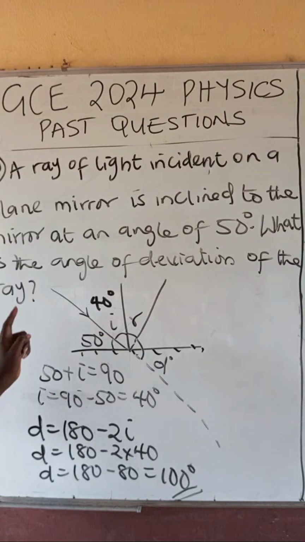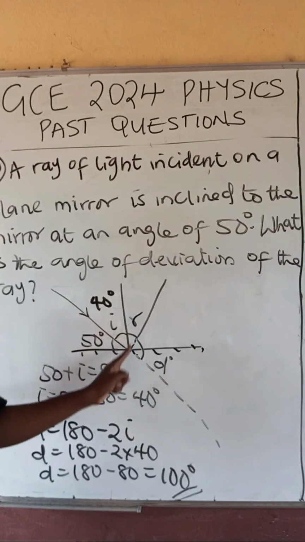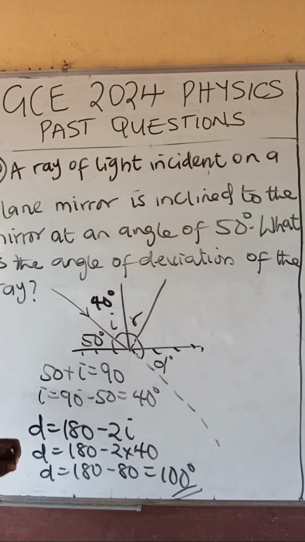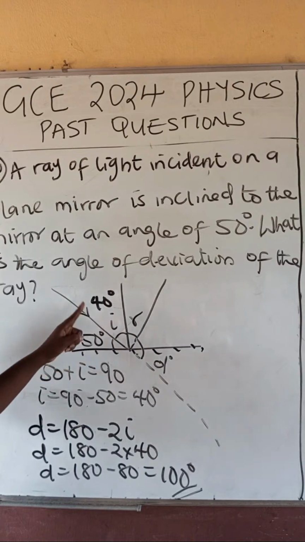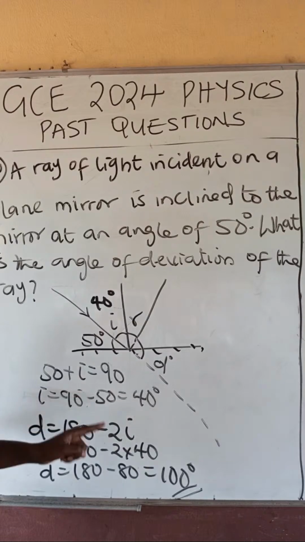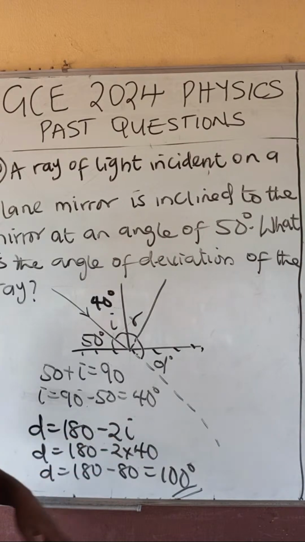For us to solve for the angle of incidence, this is a right angle triangle, and a right angle is an angle of 90 degrees. So we say that 50 plus I is equal to 90. And because I'm looking for the angle of incidence I, I'm going to subtract 50 to get 40. Is that clear?